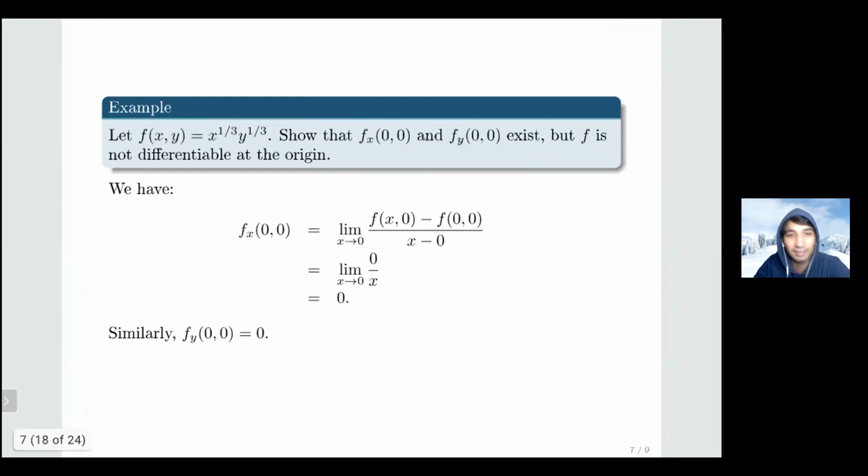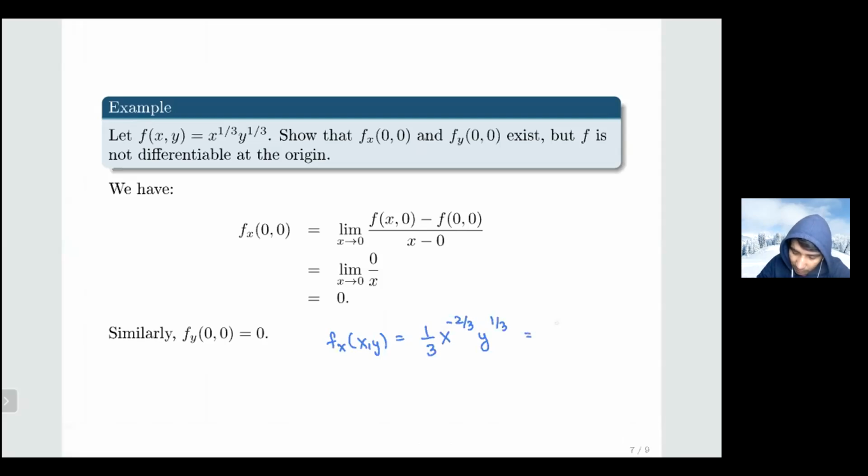So nag-exist sila. Also, by the way, baka kasi may gumawa sa inyo ng kukomputin nyo muna yung fx using techniques of differentiation. So, pwede yun. Pag dinifferentiate nyo yung f with respect to x, ang lalabas ay 1/3 x to the minus 2/3 y to the 1/3. Kasi yung y natin is a constant.